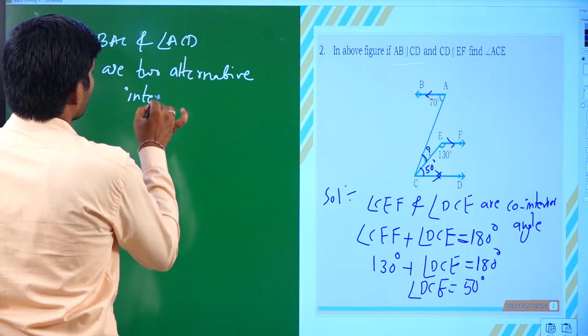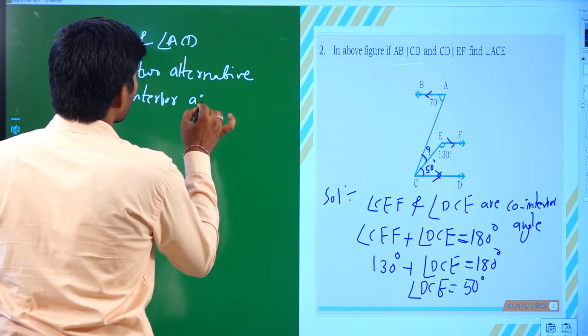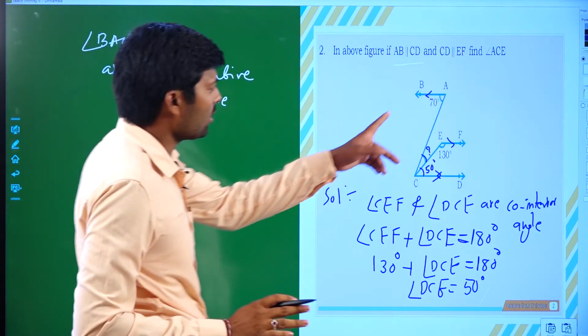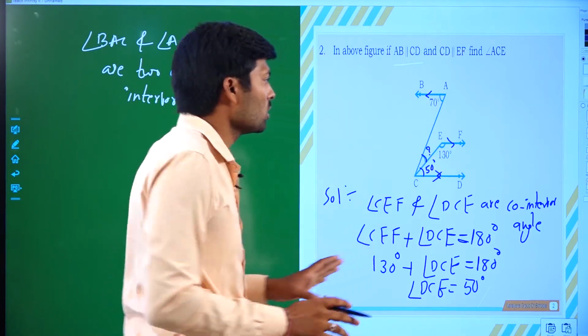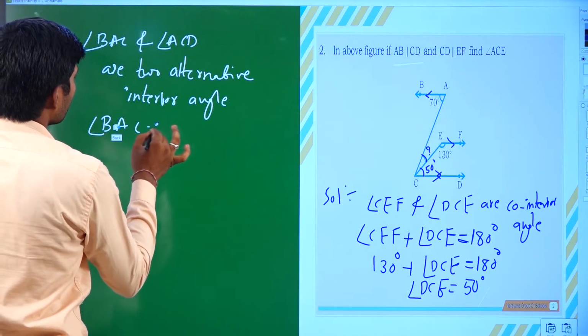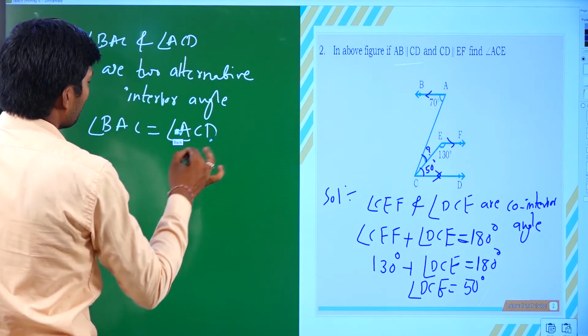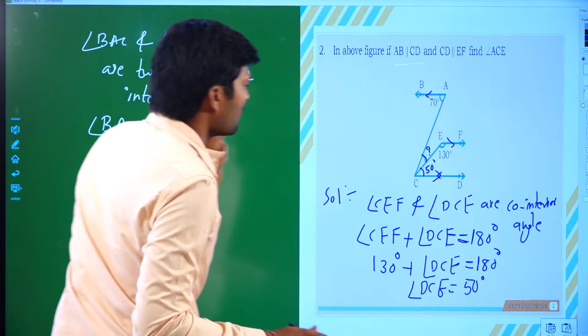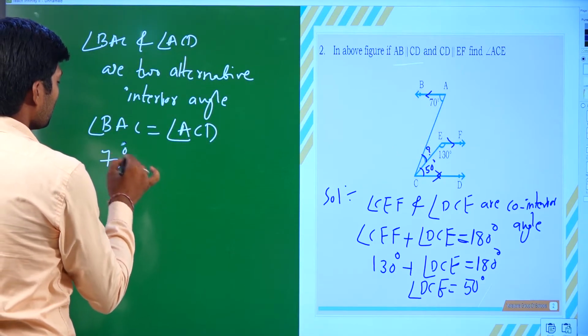Alternate interior angles are equal. So I can equate these two, that is angle BAC is equal to angle ACD. Angle BAC is given as 70 degrees.